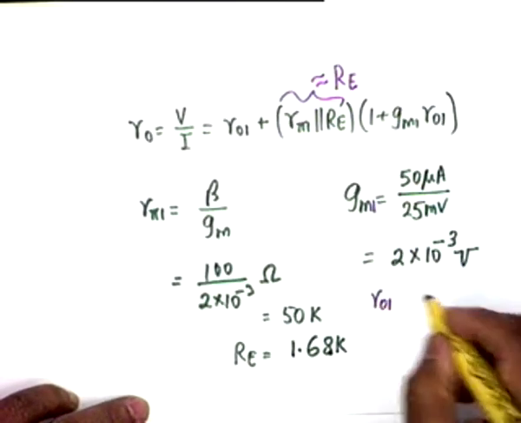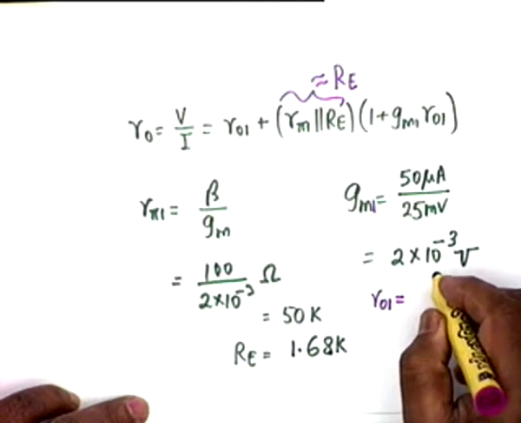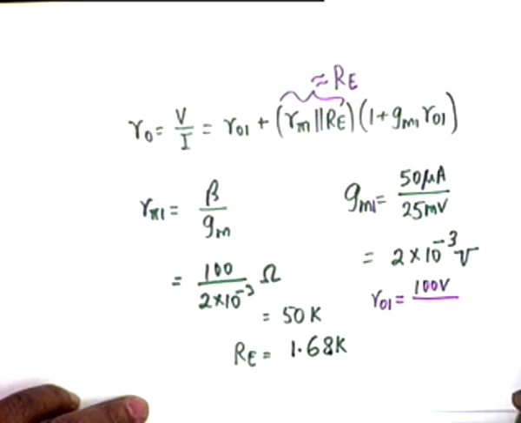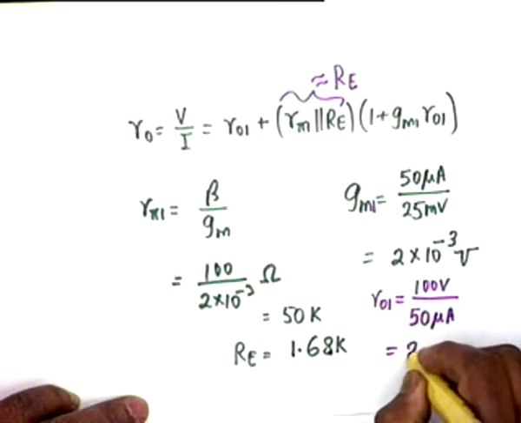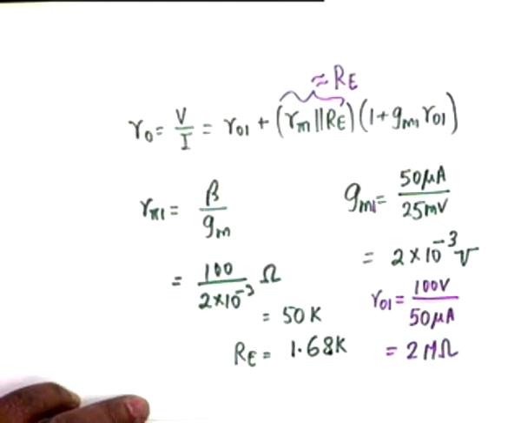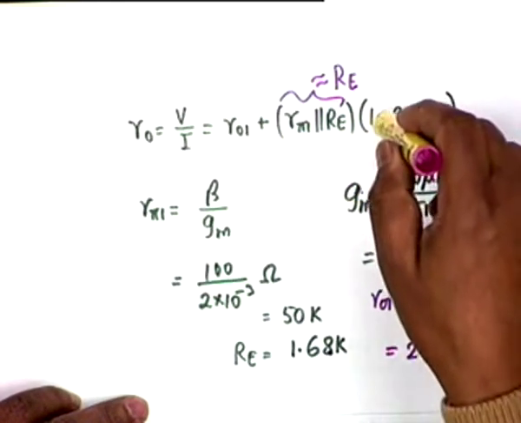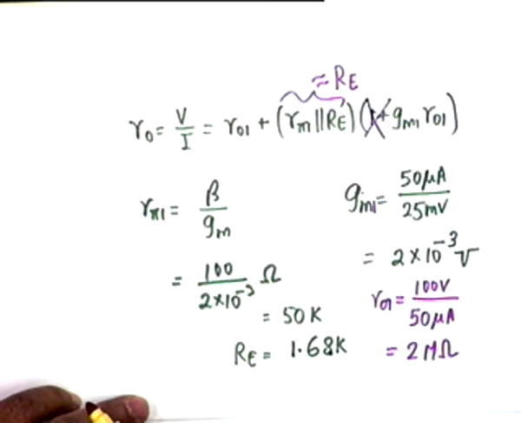Okay. Now what is R01? R01 is VA, which is 100 volt, divided by IC1, which is 50 microampere. So this is equal to 2 meg, 2 times 10 to the 6. Therefore, GM1 R01 is very large compared to unity. In other words, the term 1 can be ignored.